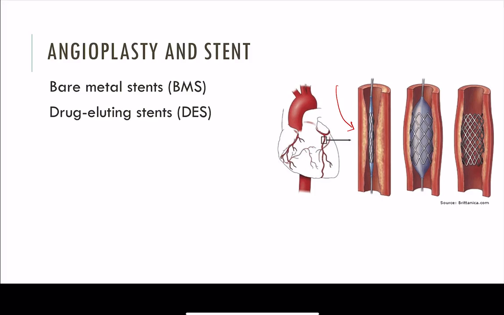You can kind of see that in the cartoon, the yellow is supposed to be the plaque that's in the wall. The balloon gets inflated, which basically compresses the lesion, pushes it outward, kind of smashes it into the walls, and then the balloon is deflated. And if there is no stent, that's the end. The balloon is deflated and they pull it out, and fingers crossed that the plaque doesn't just sort of move back in.